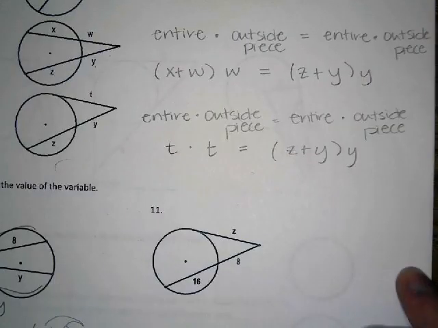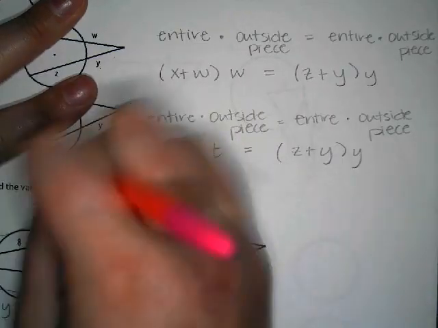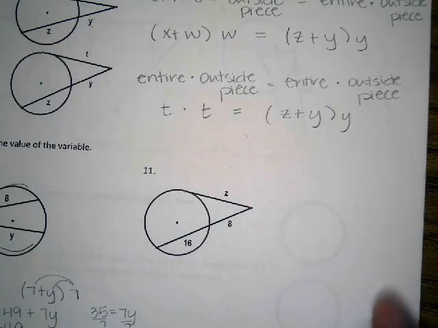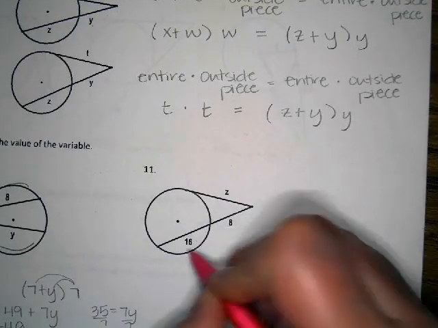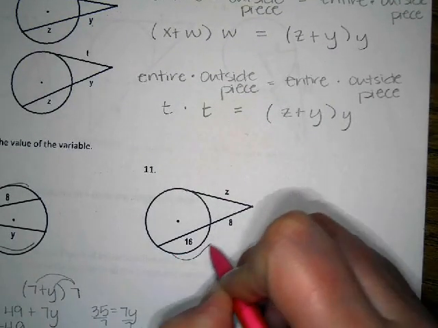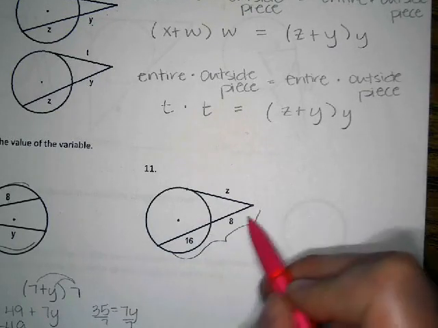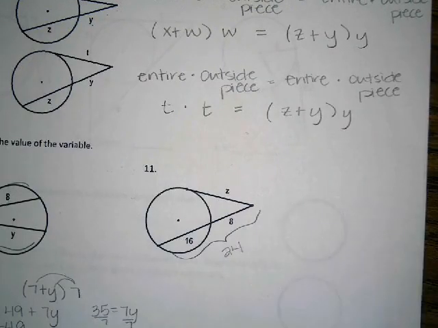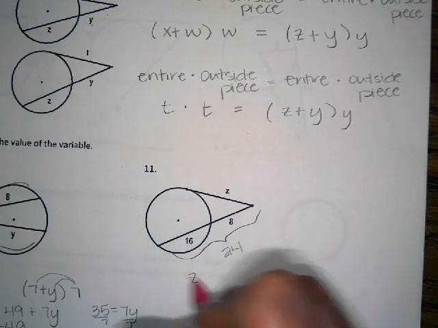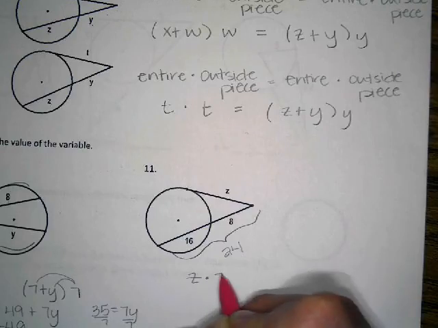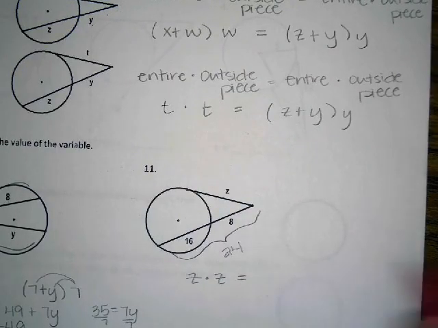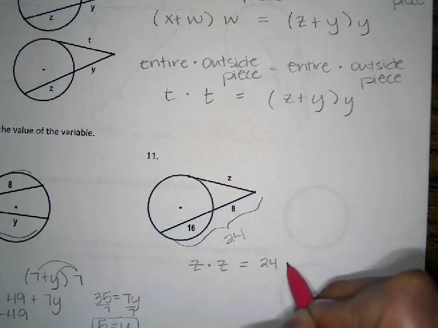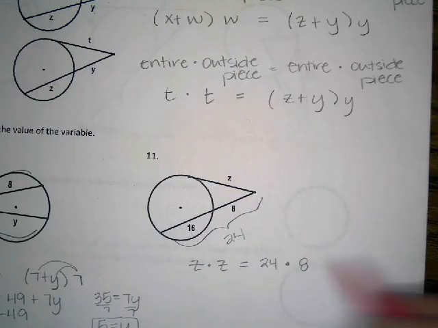Okay. So for 11, we've got z, and then for the other one, we've got 16 and 8, which means that the entire length is 24. Okay. So we're going to say the entire length multiplied by the outside piece is the entire length multiplied by the outside piece. So z squared is, we said that's 192.